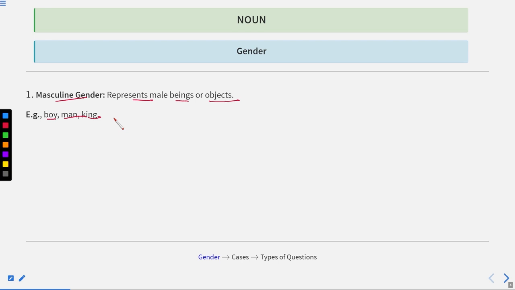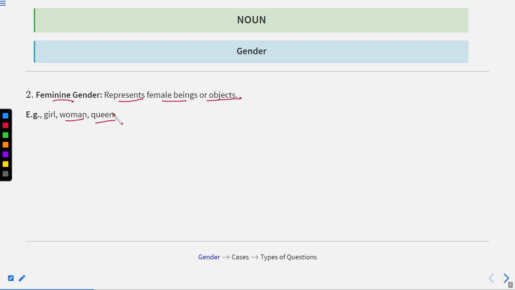Okay, now let us move to the next one. There is feminine gender. Feminine refers to female members, represents female beings or objects. For example, woman, queen, obviously these are female members. Girl, lady. So if I use these words, I'm particularly talking about feminine gender only. These words clearly signify that yes, we are talking about feminine or we are talking about masculine members.